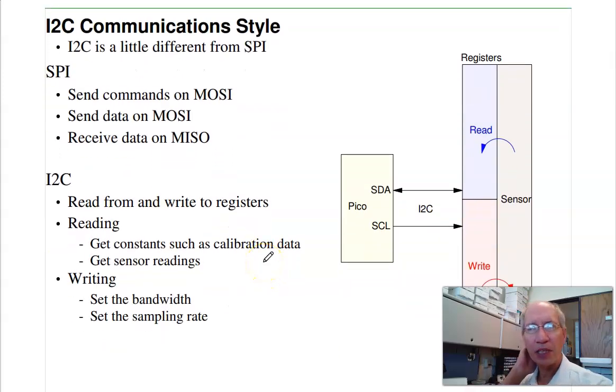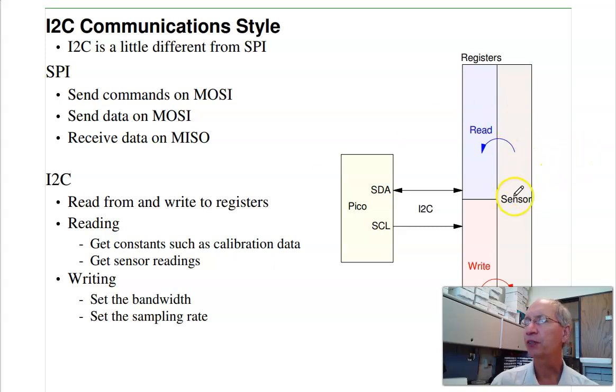The style of communicating with I2C is a little bit different. SPI is kind of more like a computer language. I am sending commands to the slave, to the sensor: I want you to do a reading, I want to get this data, here's what I want you to do for setup. That's SPI communication. I2C is a little bit different. With I2C, instead you're reading and writing to registers.